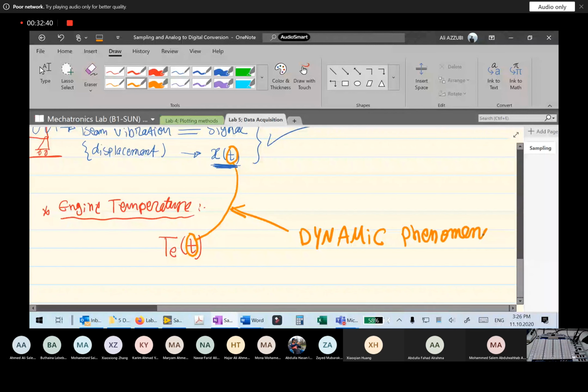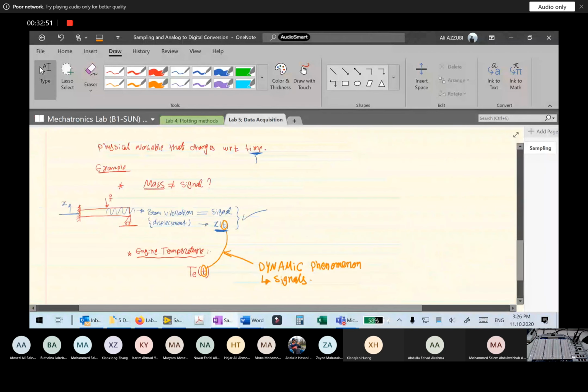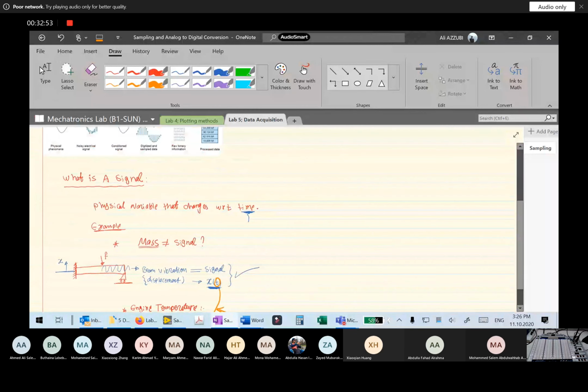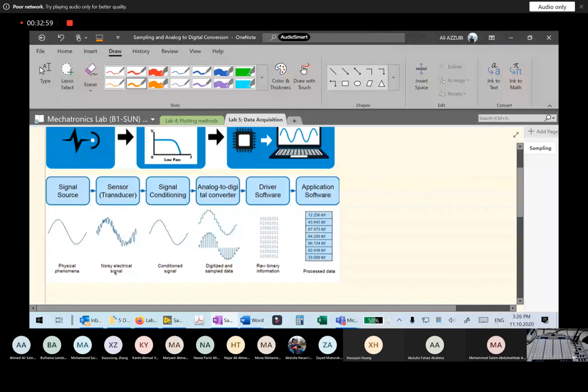Measurement wise, I consider these as signals. I suppose this is clear. A signal is something that is changing with time. This is why in this diagram you always have a signal.